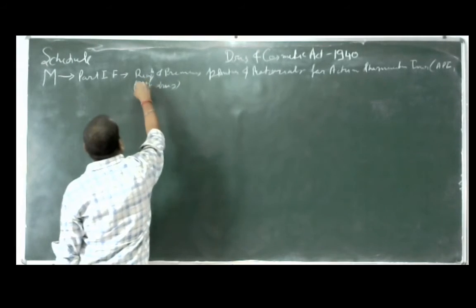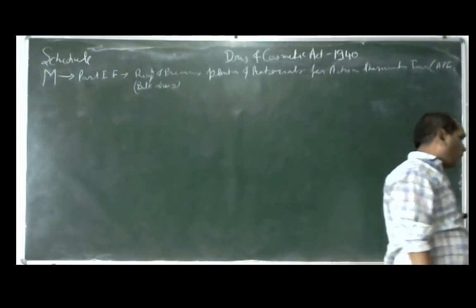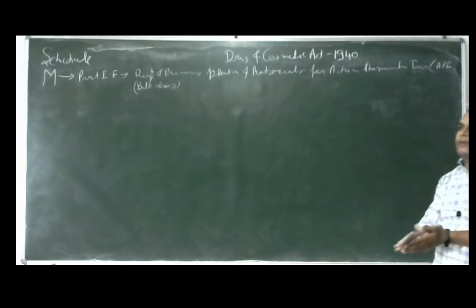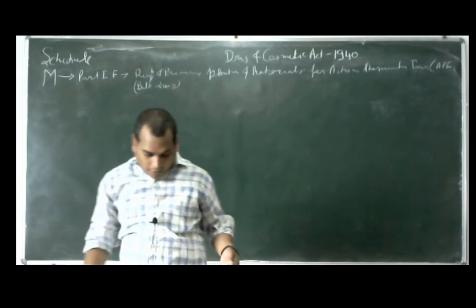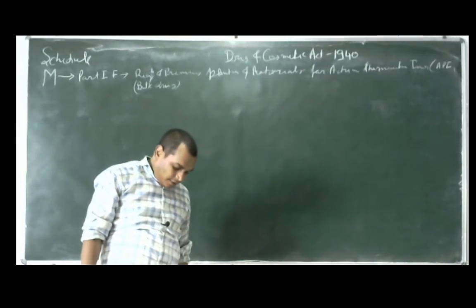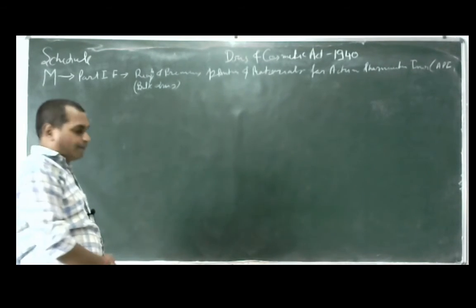These APIs are used for the small scale production of any pharmaceutical products. So for the production of API, these are the regulations in this Schedule M Part 1F.